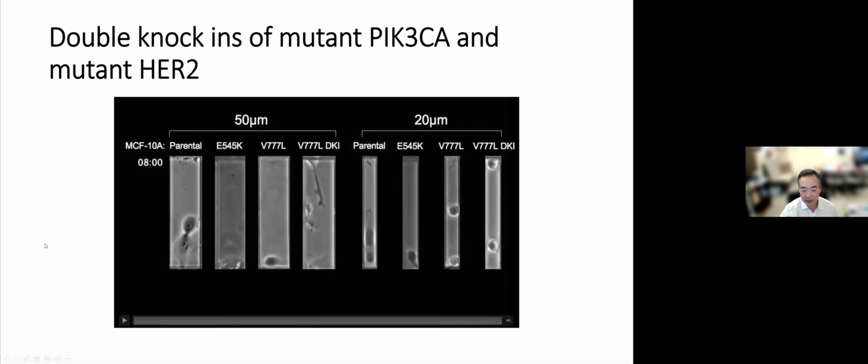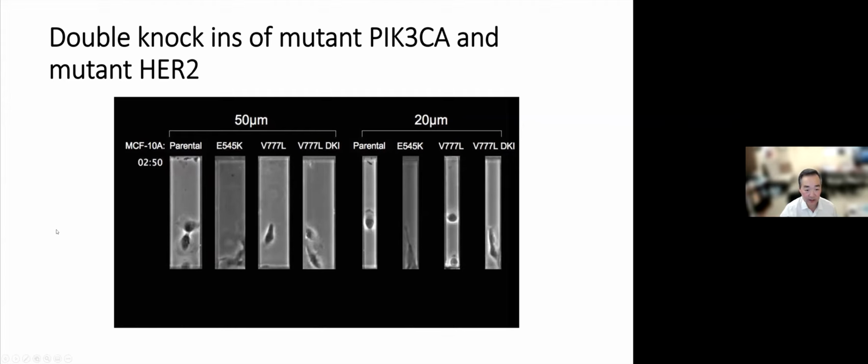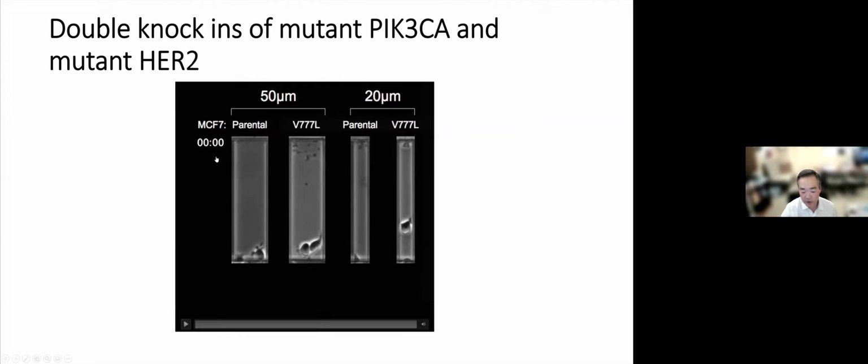And these were quantified. We also did this in a second cell line, MCF7. Just to remind everyone, MCF7 natively has a PIK3CA exon 9 E545K hotspot mutation. Turns out there are actually 3 alleles of PIK3CA in MCF7, 2 of which are mutant, 1 is wild type. Josh Loring, who was a postdoc fellow in my lab, actually corrected that, and then we had an MCF7 that was wild type for PIK3CA, and then Dan took that cell line and put a HER2 missense mutation into it, as well as into the parental.